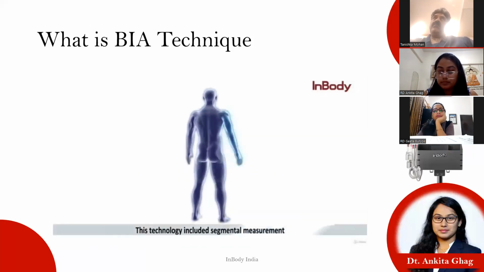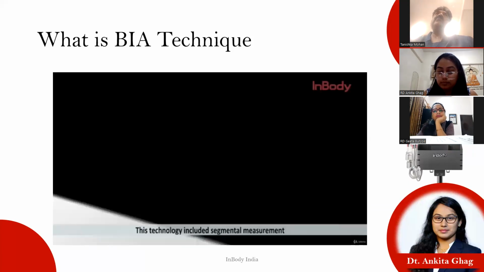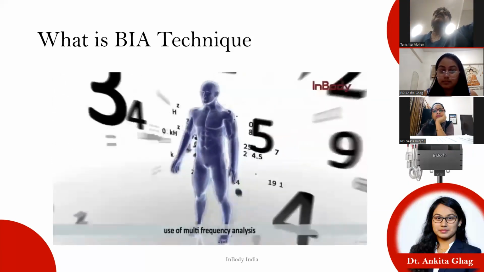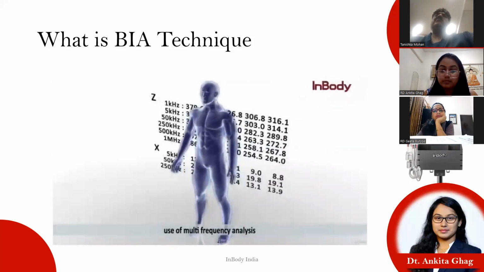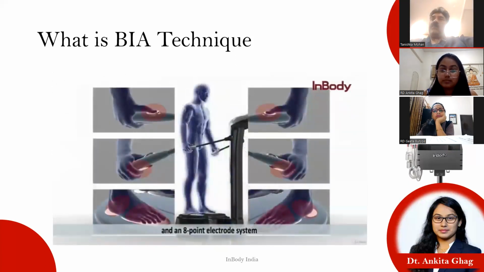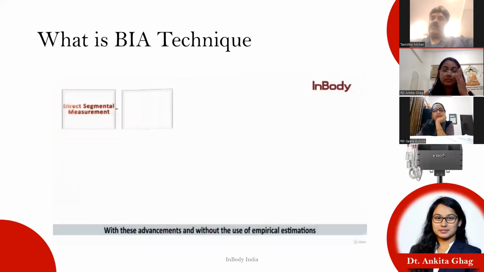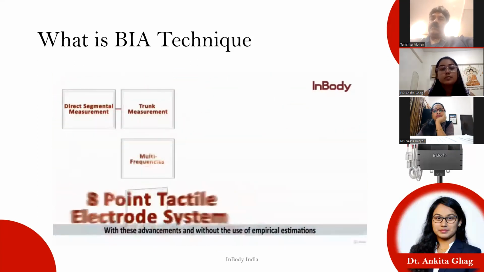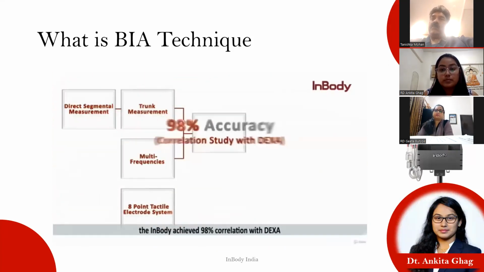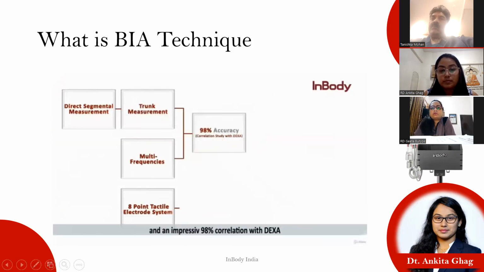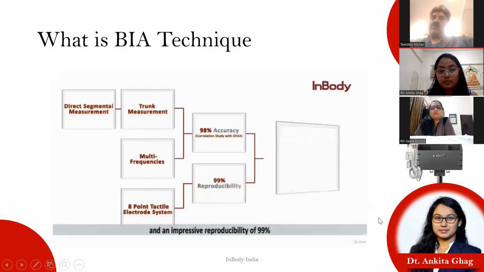This technology included segmental measurement, use of multi-frequency analysis, and an 8-point electrode system. With these advancements and without the use of empirical estimations, the InBody achieved 98% correlation with DEXA and an impressive reproducibility of 99%.